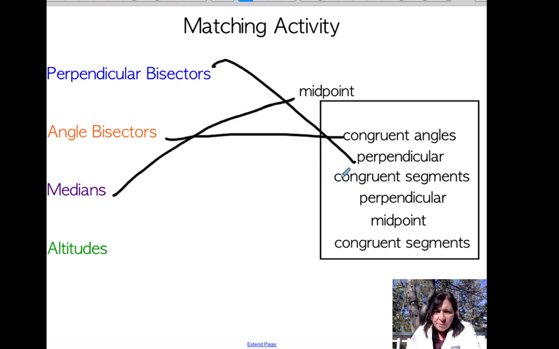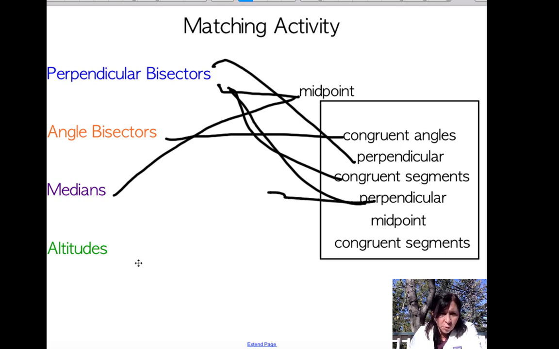Medians do connect to a midpoint, but perpendicular bisectors are perpendicular and they do bisect, making a midpoint. Congruent segments would be giving me perpendicular bisectors. Although I do need a perpendicular bisector in order to make a median. Medians do give me my midpoint.